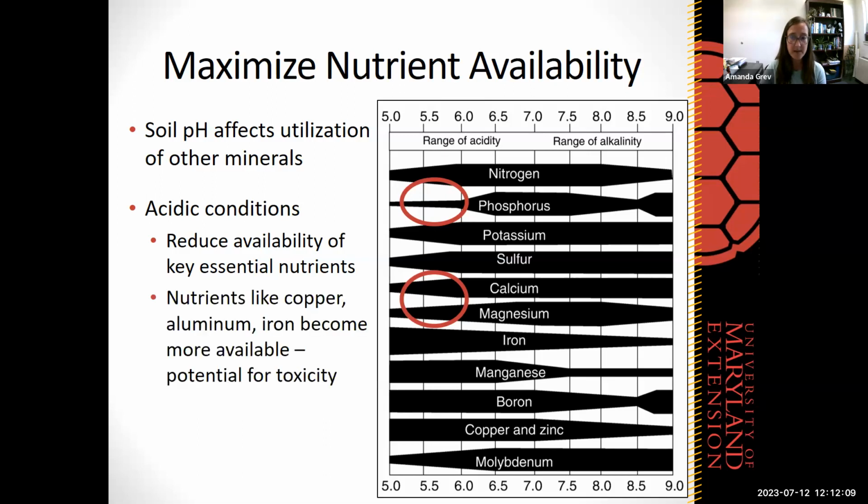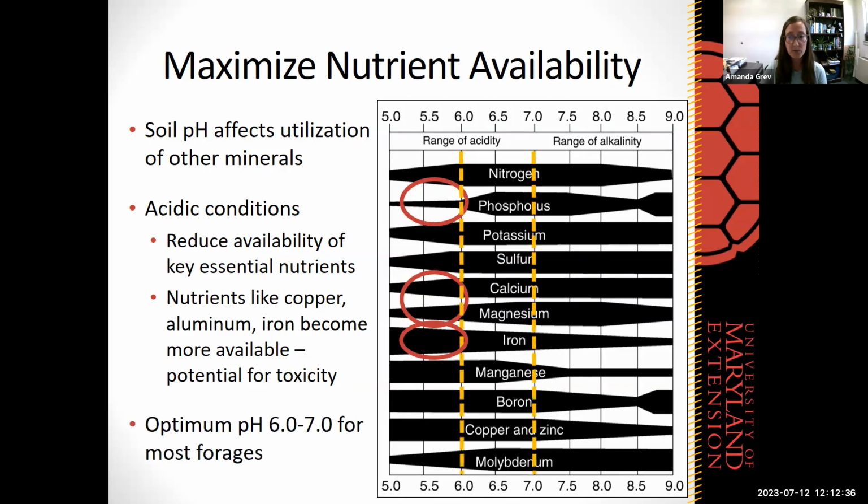At the same time, some of our other nutrients like copper, aluminum, iron, ones that maybe have at times potential for toxicity, tend to become more available under those acidic conditions. So the more acidic our soil gets, the more we're reducing availability of some of the essential nutrients that we want to be supplying, and increasing the availability of some nutrients that might be prone to being in excess.